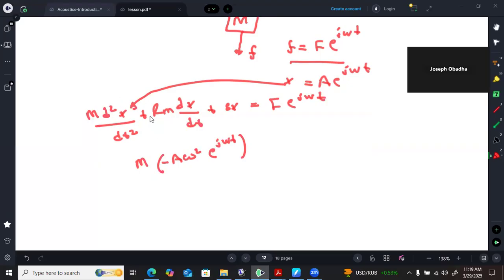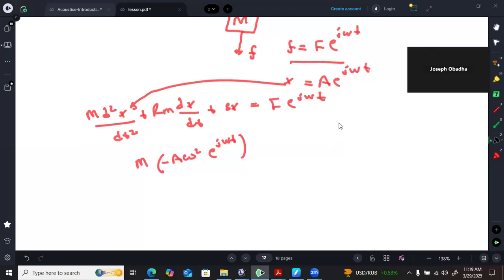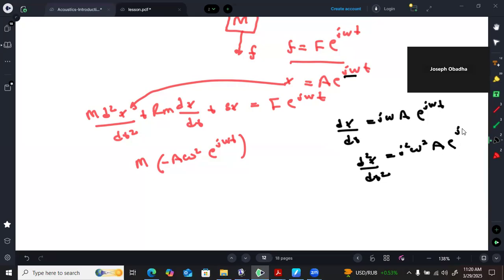Because if you differentiate x, dx/dt gives you jω A e^(jωt), then d²x/dt² gives you j² ω² A e^(jωt), which is equal to minus ω² A e^(jωt).